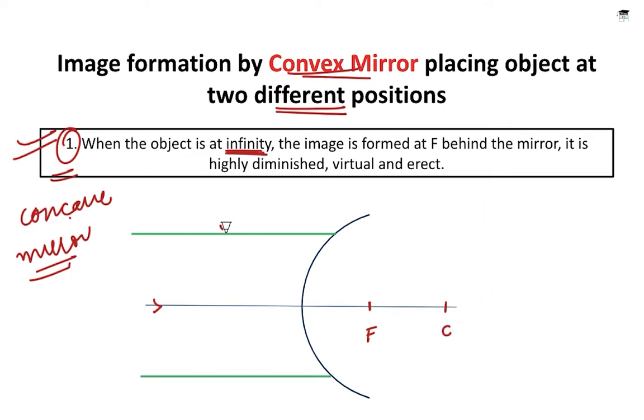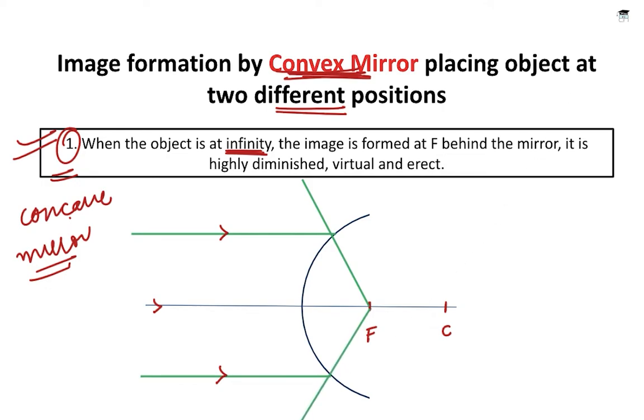The parallel rays of light coming from the object at infinity, in the case of a convex mirror, if you remember, actually diverge after reflection. But they diverge in such a way that they appear to be coming out from the focus.